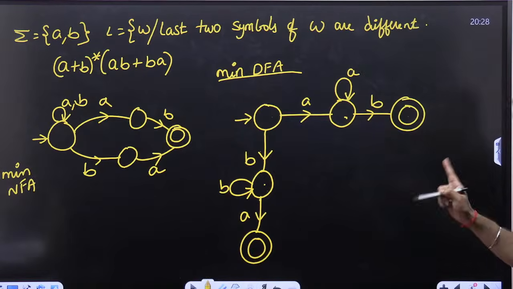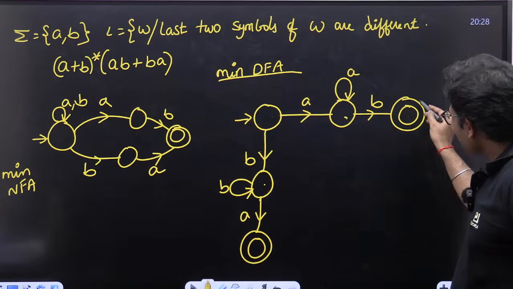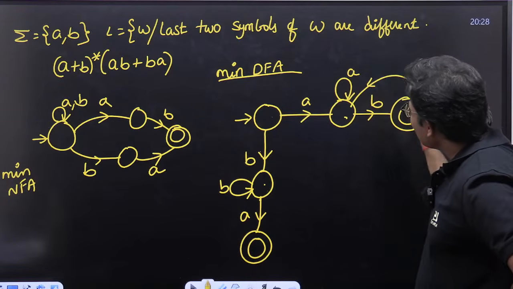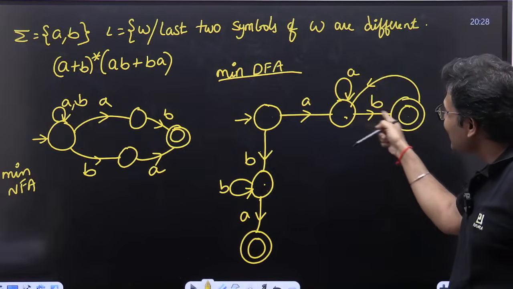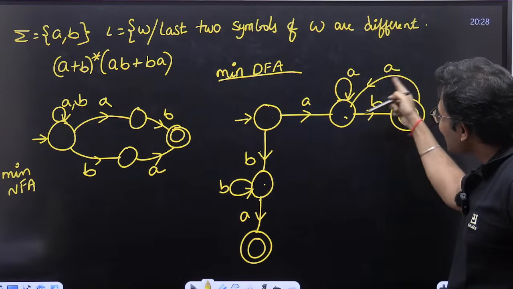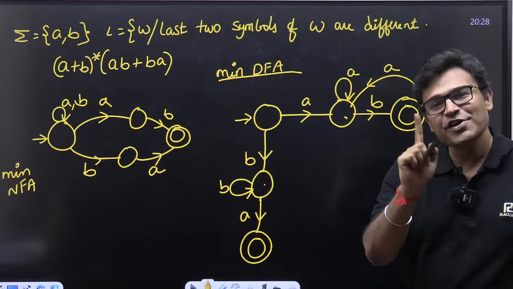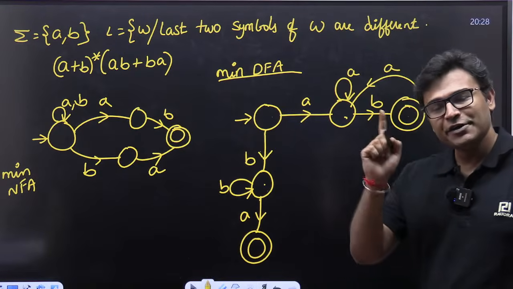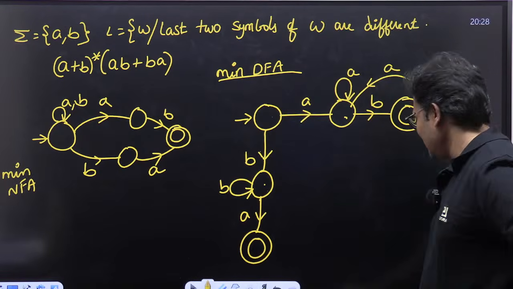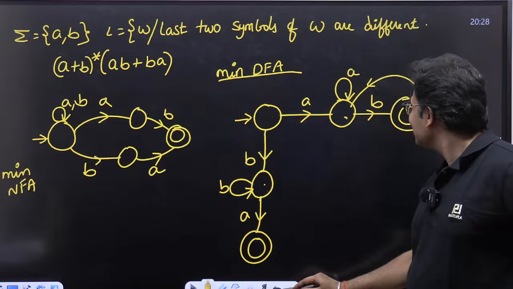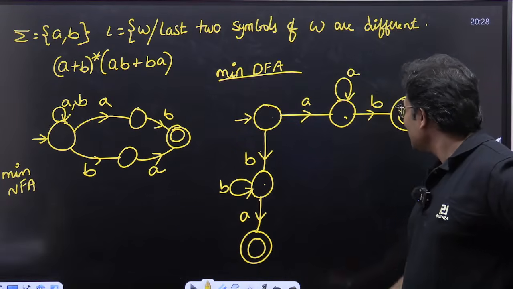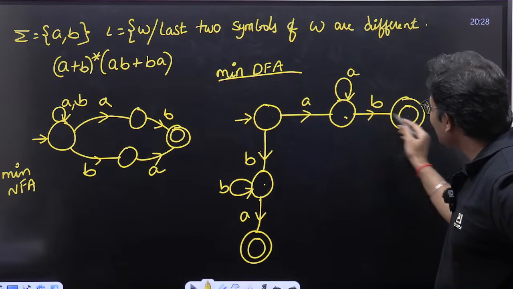So everyone made a mistake. Whenever you are getting an A, you are going back and again checking whether it is ending with AB. This is the mistake everyone has done. Even Trupti has done the same mistake. So this is a mistake, guys. See, if I get an A here, how did I reach here?